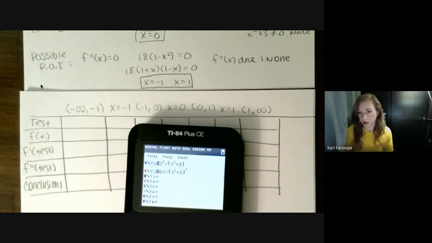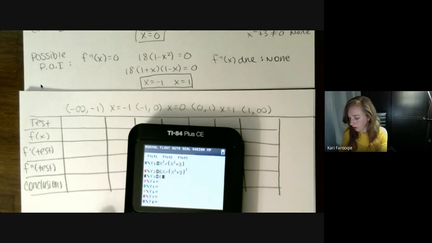Again, you should be seeing this denominator increase by another factor each time you enter it. For my second derivative, I'm going to enter this before I factored it as 18 minus 18x squared, parenthesis, divided by x squared plus 3 quantity cubed.